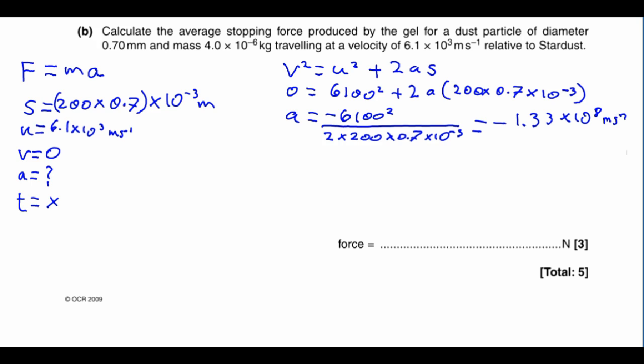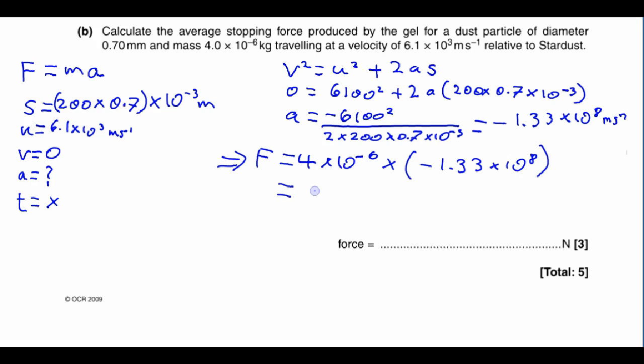We can now put this acceleration back into the F equals ma equation. So we have the force being equal to the mass, 4 times 10 to the minus 6, times the acceleration, which we just found.